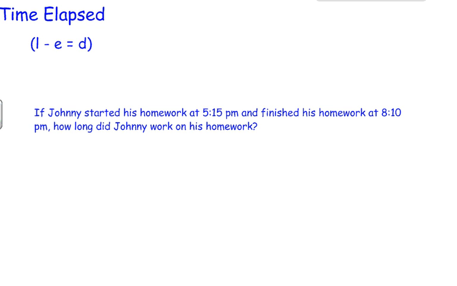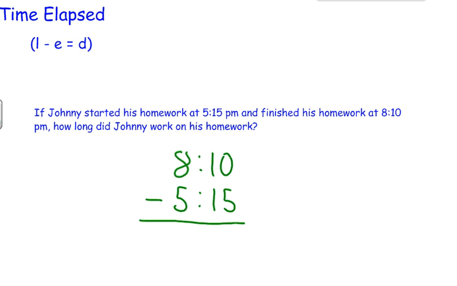And so if we put this down, we're going to put 8:10 as our later, and we're going to subtract our earlier, and we can go ahead and start to do the math. But as we start to do the math, we run into a problem real fast because we can't subtract 5 from 0. It's impossible.